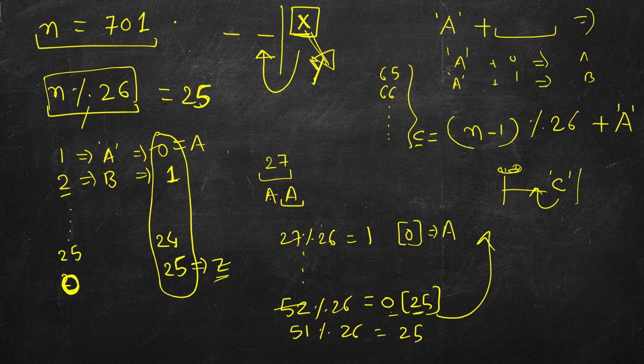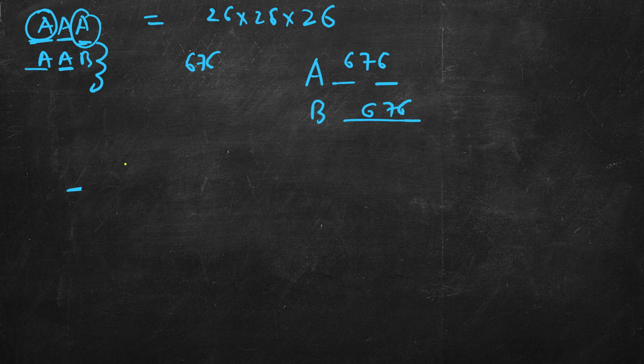So what should be the new n? We have calculated the last character. Now we should focus on the rest. So n becomes n minus 1 divided by 26. And why is that? Let's see, from 27 to 676 plus 26, that is 702, it's 2 digits. So we will run a loop which will correspond to calculating each digit. We have calculated one digit.